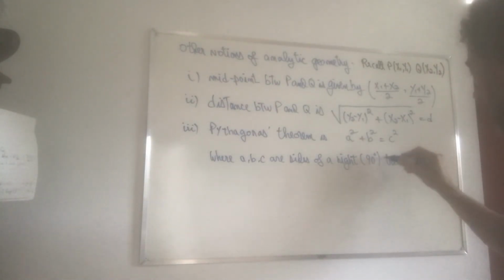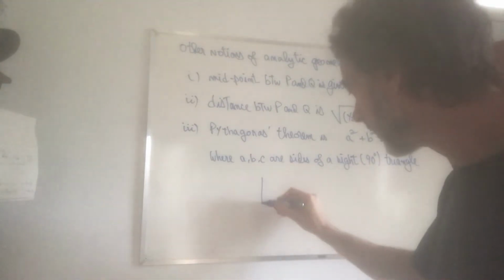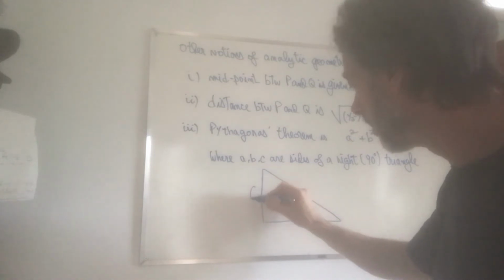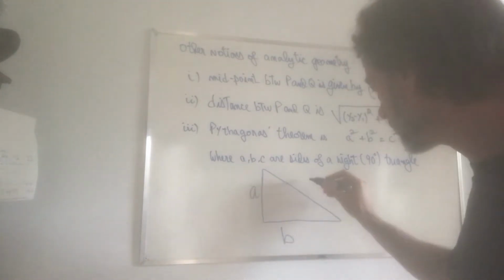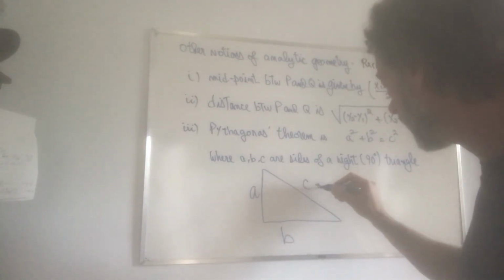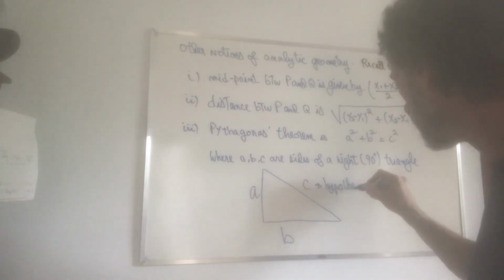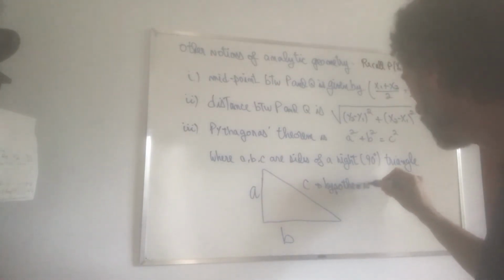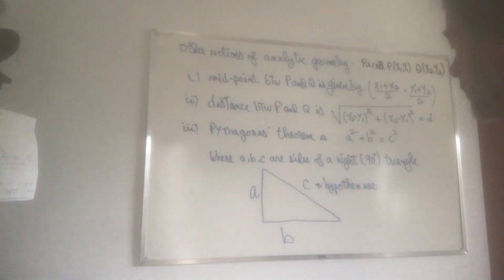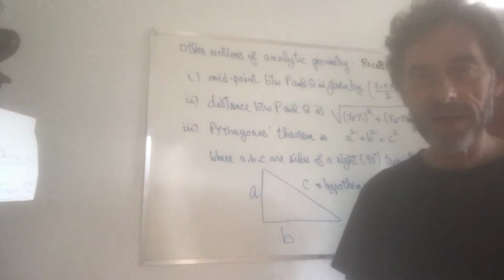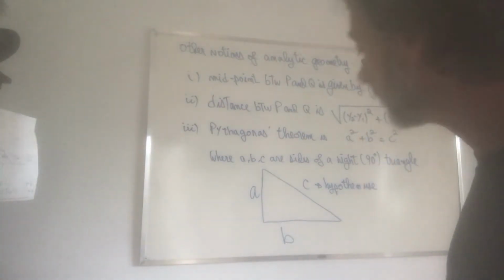We all recall that old picture we saw several times in high school, where this is A, this is B, and this is C. And this side bears the infamous name, for some of us, of the hypotenuse. These are just the adjacent sides in the right triangle.